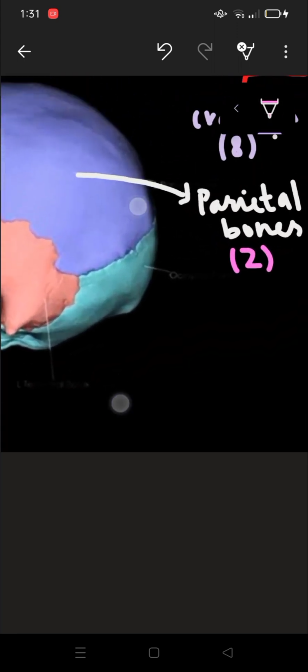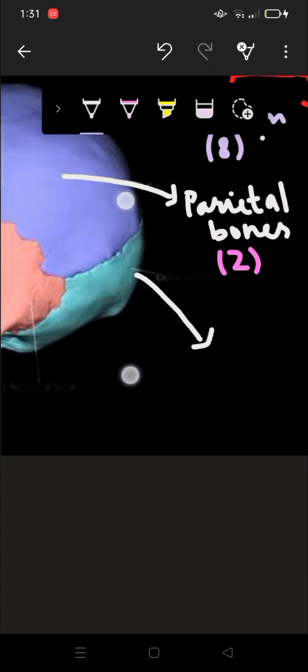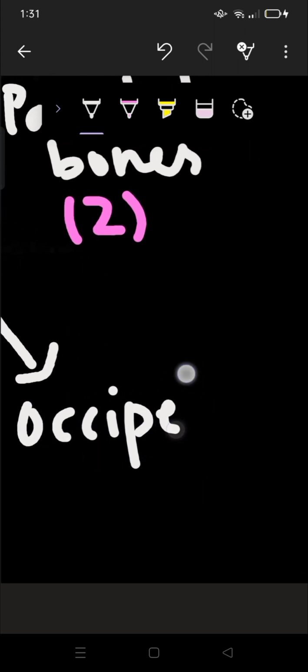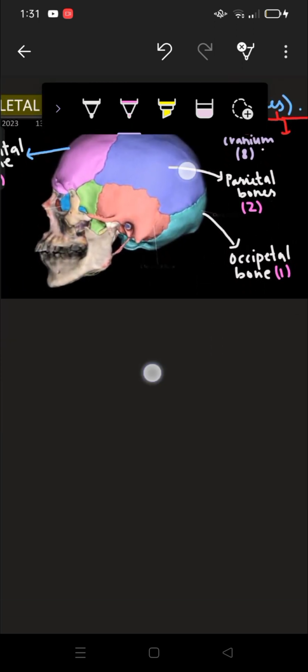Then we have the occipital bone. Here, as you can see, this is what we call the occipital bone, and that is 1 in number.